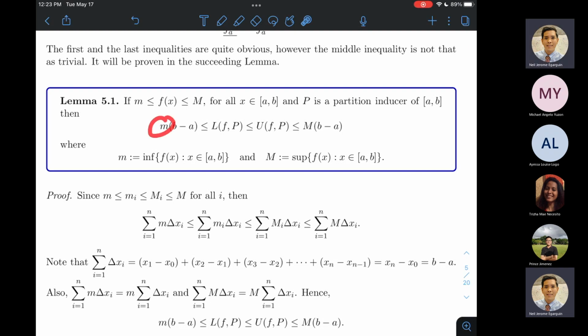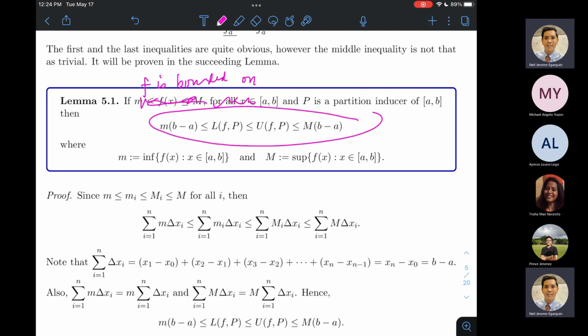Now, little m here is the infimum and capital M is the supremum on the interval A, B. Sinabi ko na lang dapat, if F is bounded on AB, sorry, real-time nag-edit, and P is a partition inducer of AB, then I think this makes sense now. Okay? So, dapat daw totoo itong inequality na to where little m is the infimum function value and big M is the supremum function value.